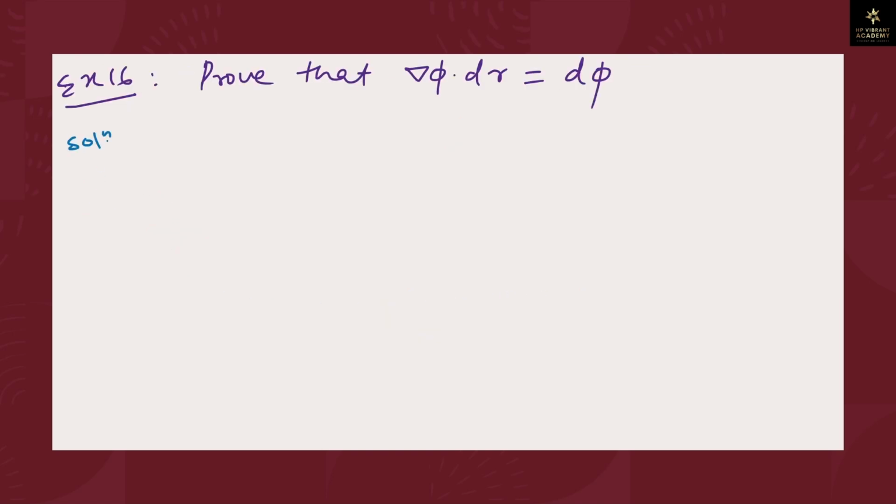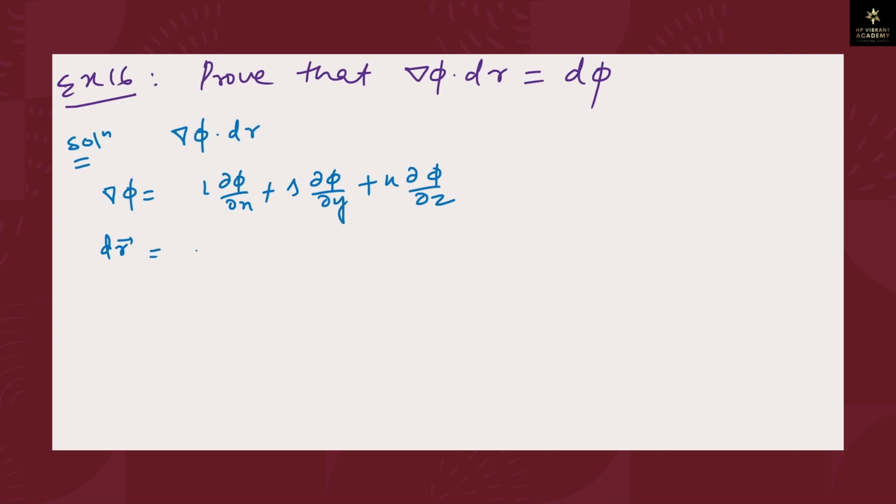How we can solve this? So we have this as del of phi dot dr. Okay, so del of phi is equal to i del phi upon del x plus j del phi upon del y plus k del phi upon del z, and dr vector is dx i cap plus dy j cap plus dz k cap.